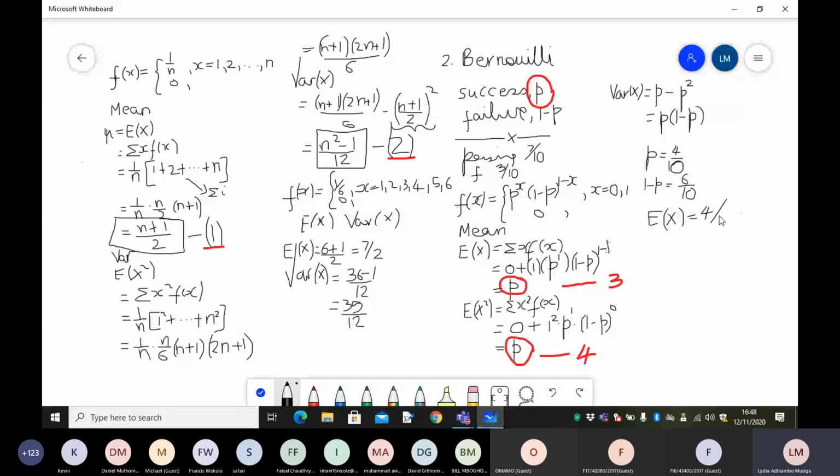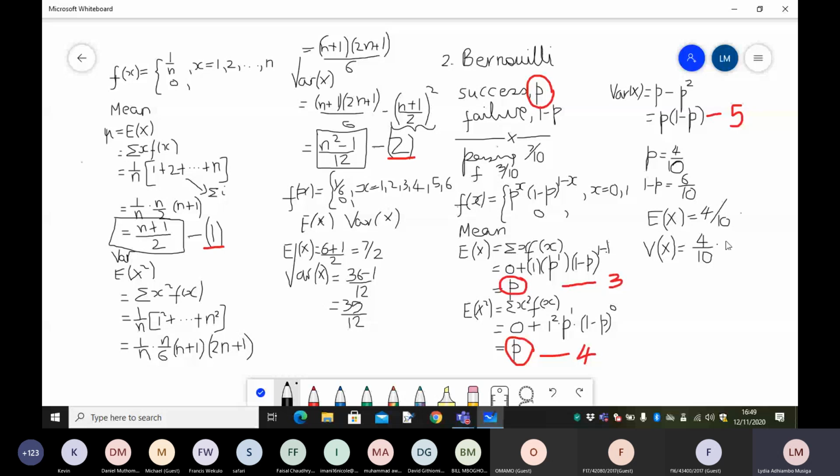And so what is the variance? Variance is given by equation 5. So let us just substitute in equation 5 to get Var X. Var X is the probability of success multiplied by the probability of failure.